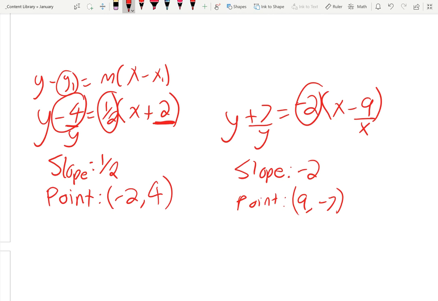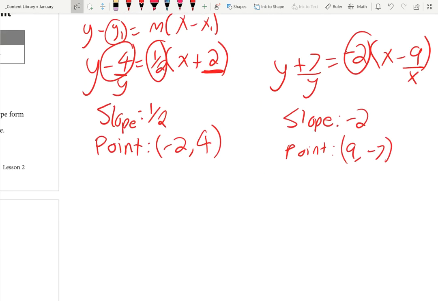Also, note that slope does not change its sign, right? A -2 is a slope, it's a -2. That doesn't change. It's just the point down here that you've got to be careful of. So let me give you one more. Let's say I have y plus 3 equals, we'll say 2, times x plus 1.